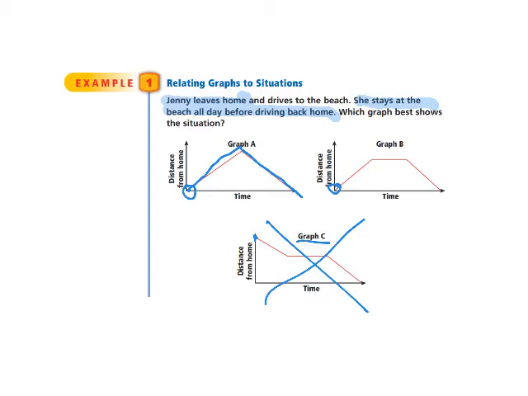I don't really see this staying home all day. Graph B, well, here we have driving to the beach. The staying all day is a little weird here because she didn't stay very long, or the day was short, and then turning around and coming back. So my best choice of these three graphs is graph B.